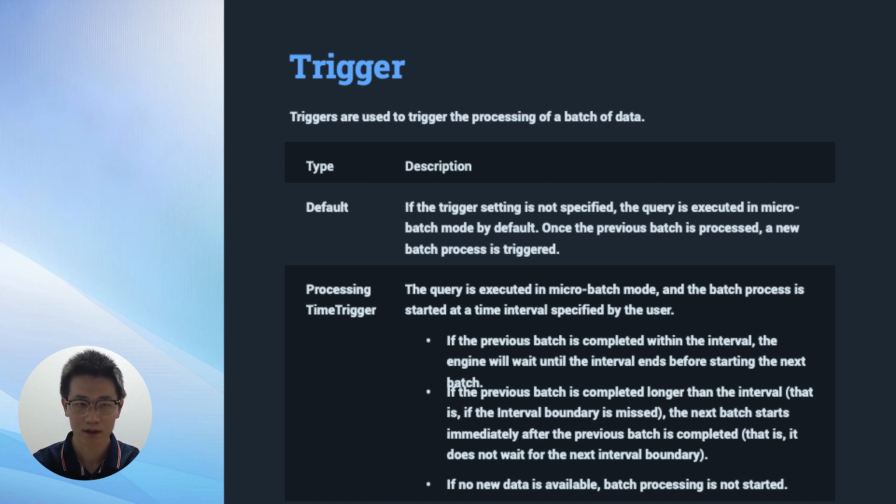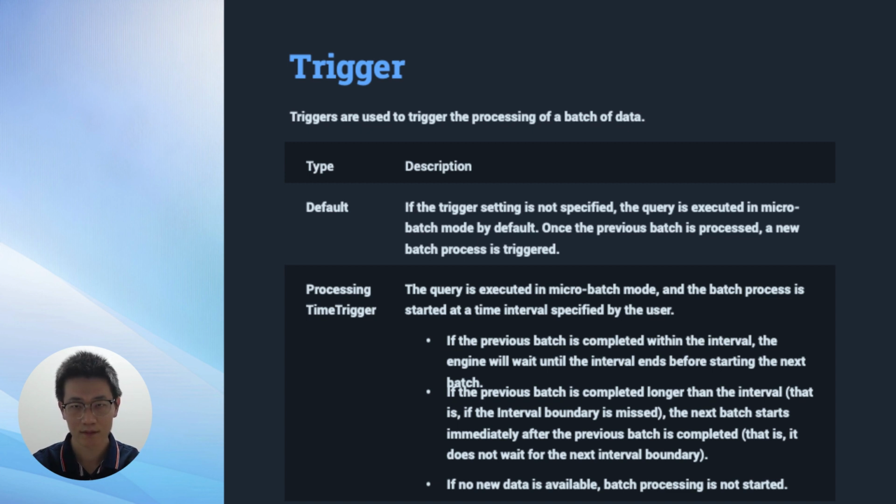For instance, if it triggers every 2 seconds, and the previous batch processing was completed within 2 seconds, the next one begins at the next interval. If the previous processing took longer than 2 seconds, more than the defined time interval, then the next batch processing starts as soon as the previous one finishes.